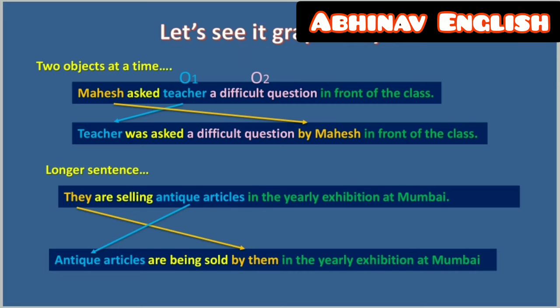A difficult question is the second object. So we always take the personal pronoun in the beginning while answering as a passive. So our answer is, teacher was asked a difficult question by Mahesh in front of the class.